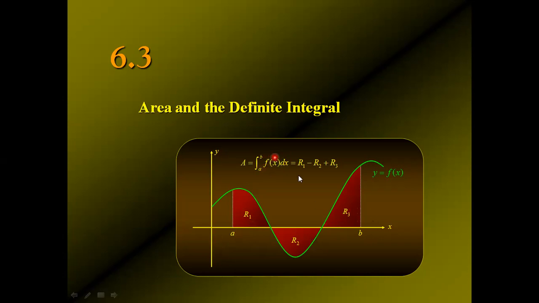That means this area will be R1 minus R2, because this is in the negative axis of y, and this is the positive region, R3. So this sum gives the total area bounded by the region a to b, and this is the mathematical implementation of definite integrals.